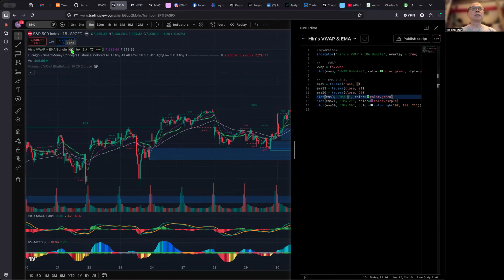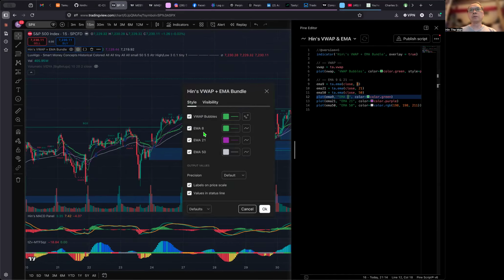This is to hide it. When you hide it, you don't see it. It's really cool, and you can hide all of them so that you don't see all 4 indicators that I'm using. But usually I unhide it for this presentation.